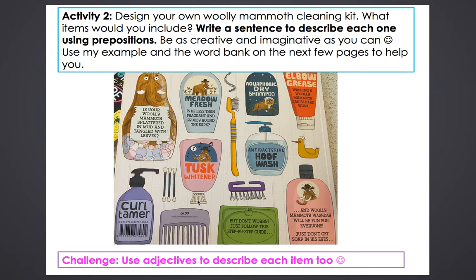Okay, now my challenge is for you to use adjectives to describe each item too. So rather than just saying shampoo or perfume, can you use an adjective in front of that noun to describe whatever it is that you're describing? So for example, rather than just shampoo, could it be strawberry flavoured shampoo? Rather than just perfume, could it be sweet smelling perfume?